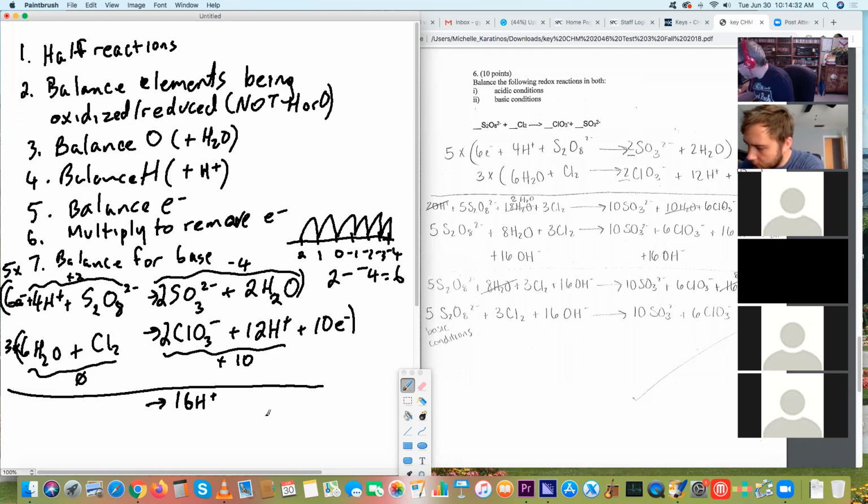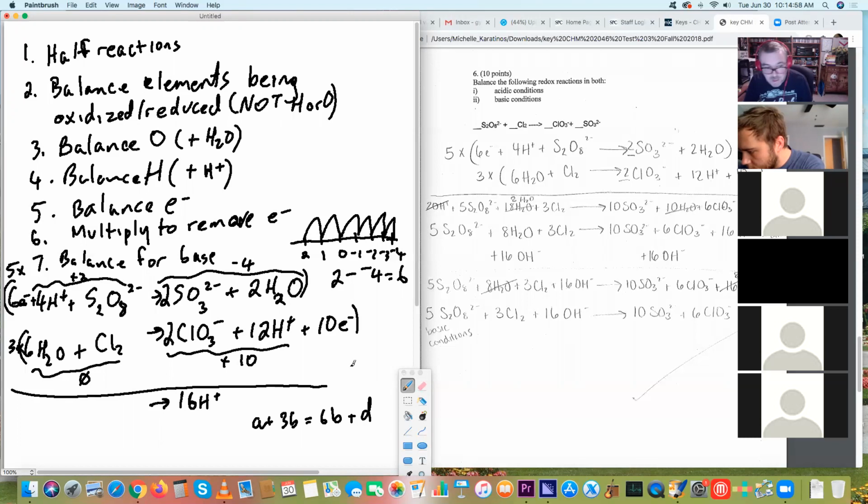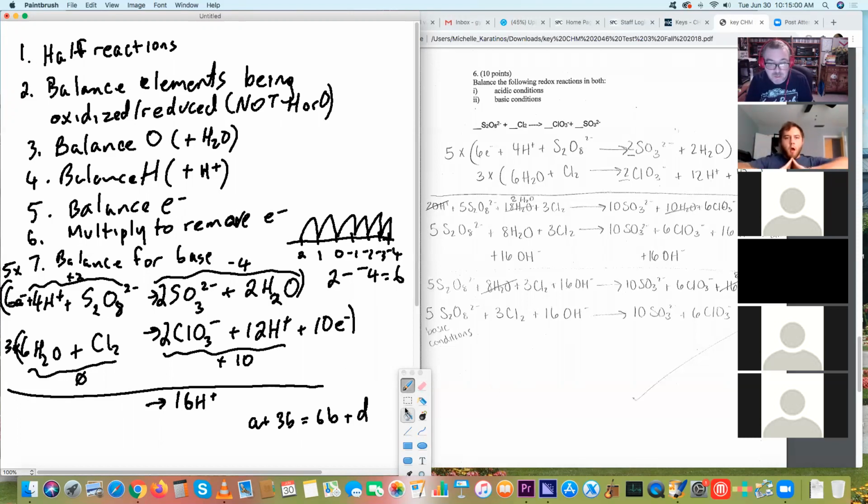Let's say you had A plus 3B equals 6B plus D, and you wanted to combine the like terms, you'd subtract 3B from each side, so you now have 3B on the right side. Just treat it like a combining terms situation as you do in math.